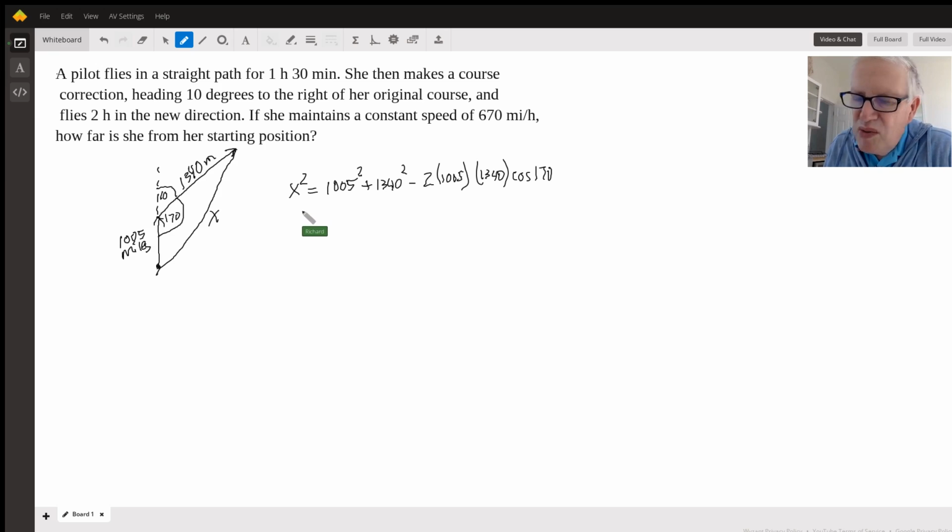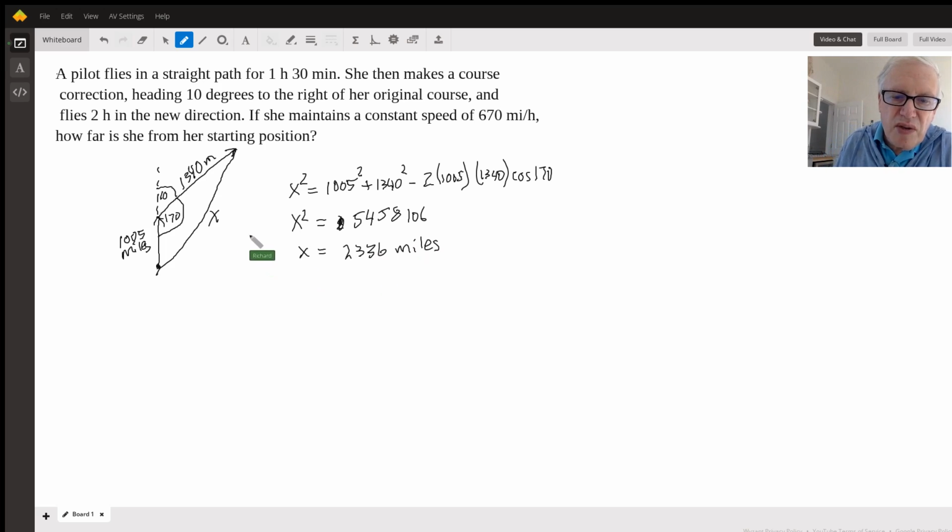And when you do all this out, I end up with x squared being 5,458,106, and then I take the square root, and that gives me 2,336 miles. And that's the answer to our question.